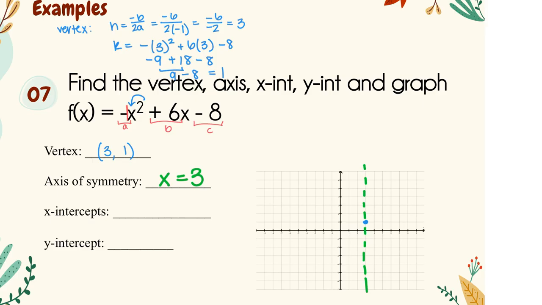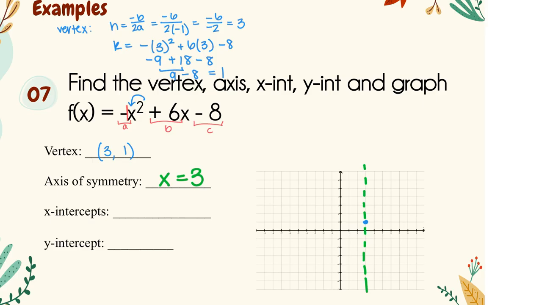So my intercepts, x-intercept and y-intercept, you're going to have to find both. So how do I find my x-intercept? I have to set my y equal to 0. And in this case, there is no y. I'm setting my entire equation equal to 0. Okay?